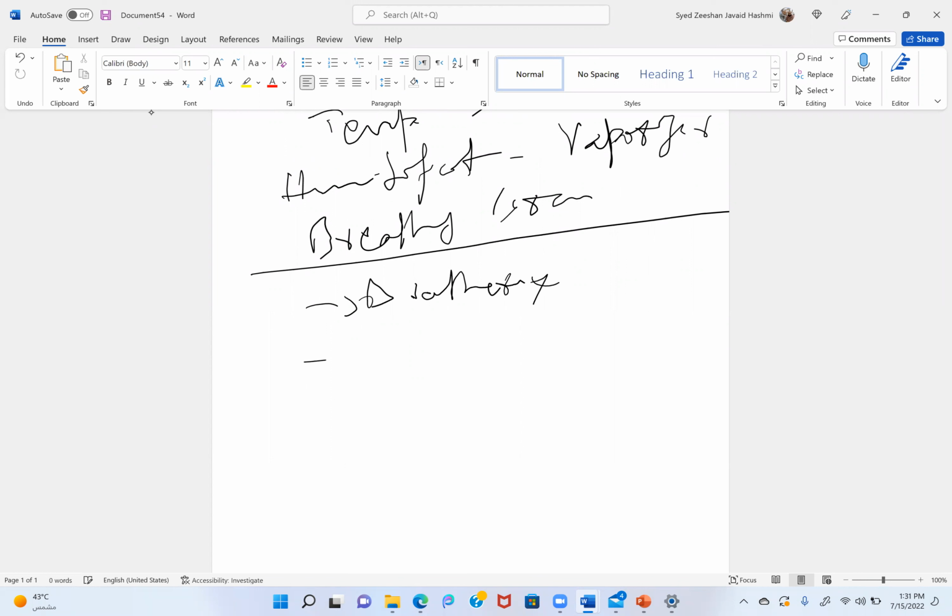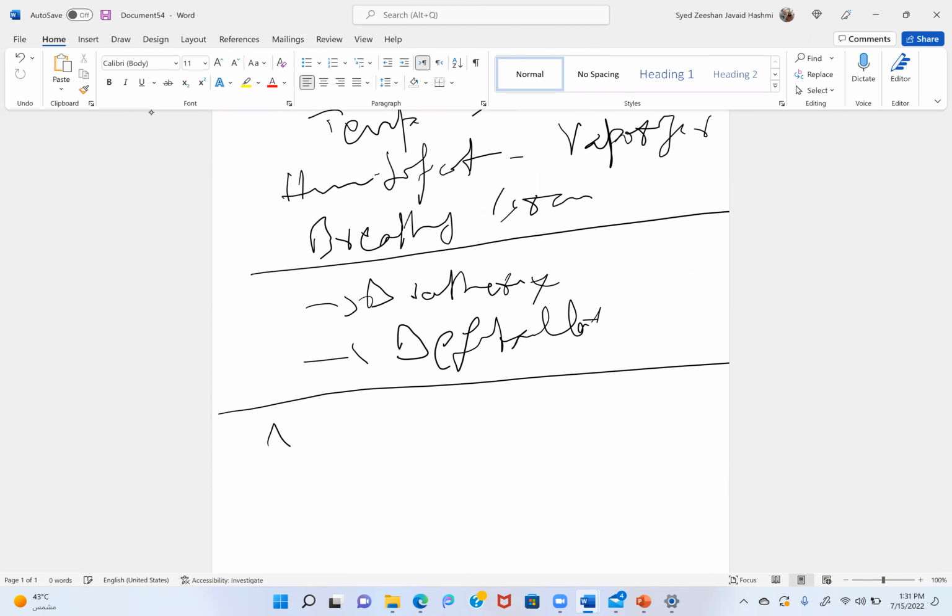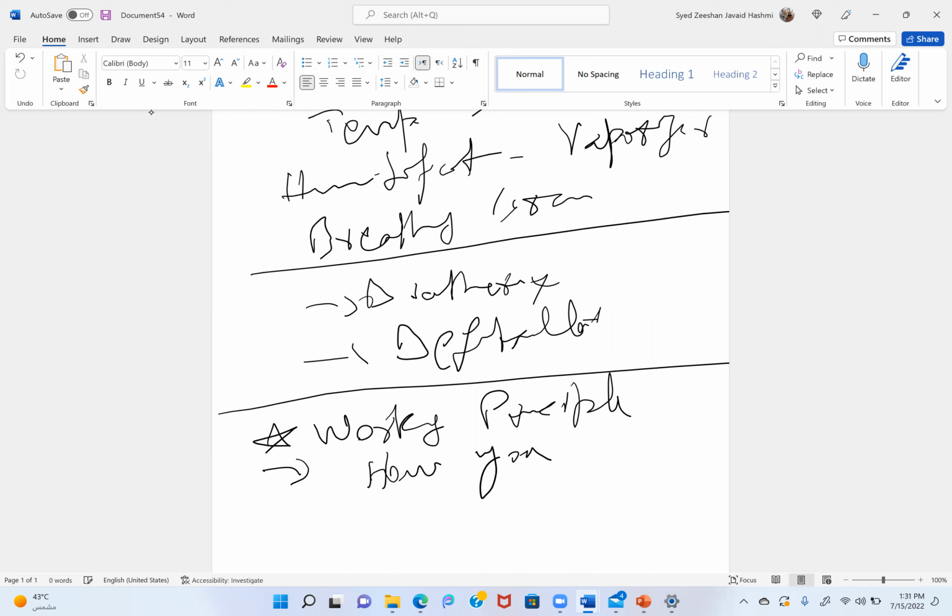You are not using it all the time, but of course you can include the defibrillator. And the main thing you will be doing is asking what the working principle is, how it works, how you use that equipment.